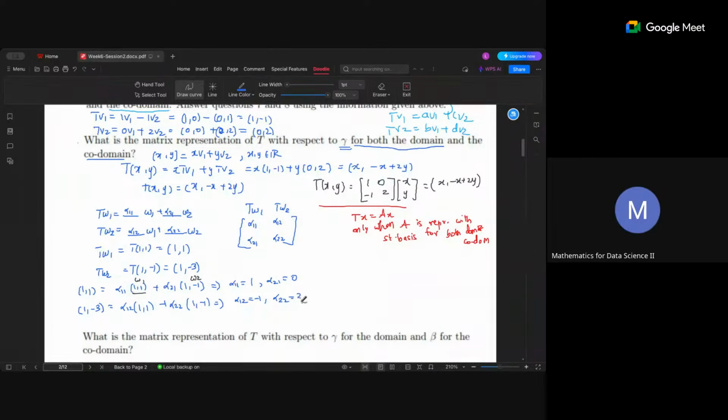So -1 plus 2 is 1, and -1 minus 2 is -3. Yes, it works. So the matrix with respect to gamma is [1 -1; 0 2], that is, 1, 0, -1, 2.